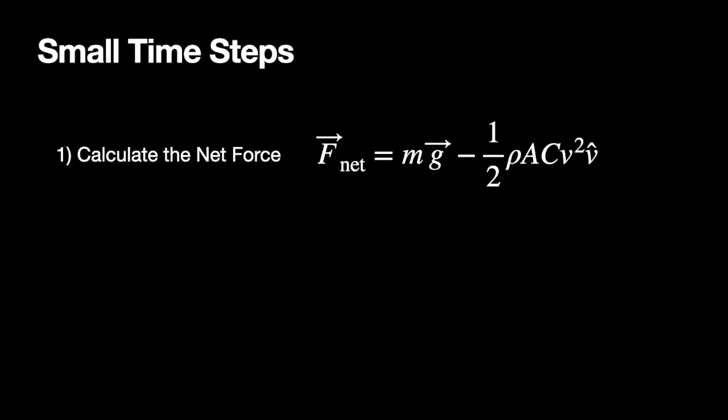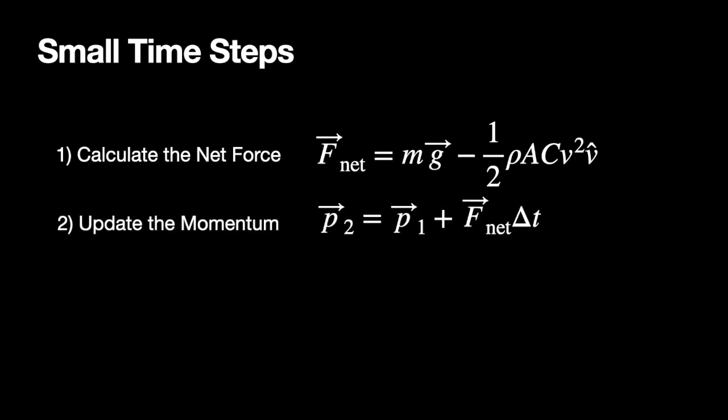And this is what we did. Again, it's in the previous video, so I'm going through this fast. We break the motion into small time steps, and during each time step, we calculate the force on the object, the gravitational force and the air resistance force. I know that as a vector value in that short time interval, and I'm going to assume that force is constant, even though it's not, because the velocity changes.